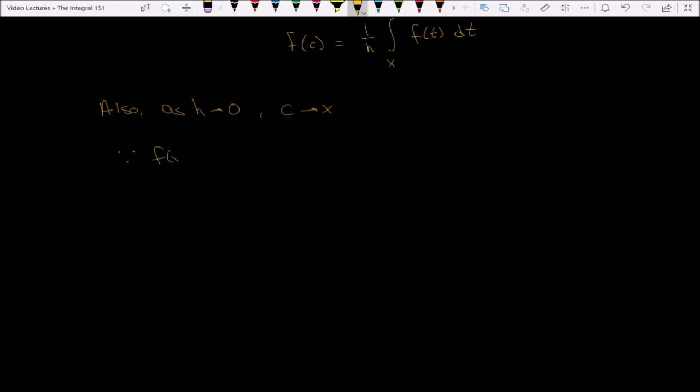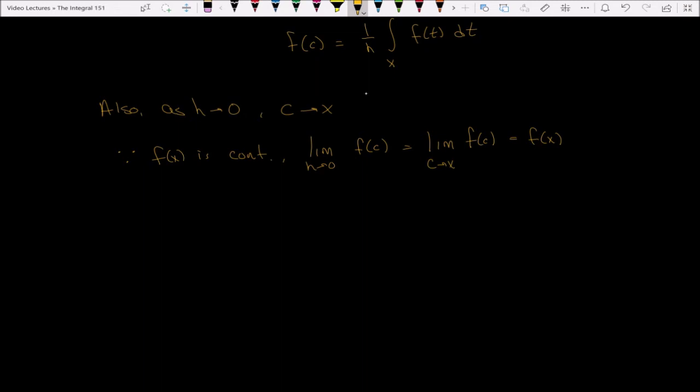Since f is continuous, the limit as h approaches 0 of f of c, which is now the limit as c approaches x of f of c, is simply f of x.